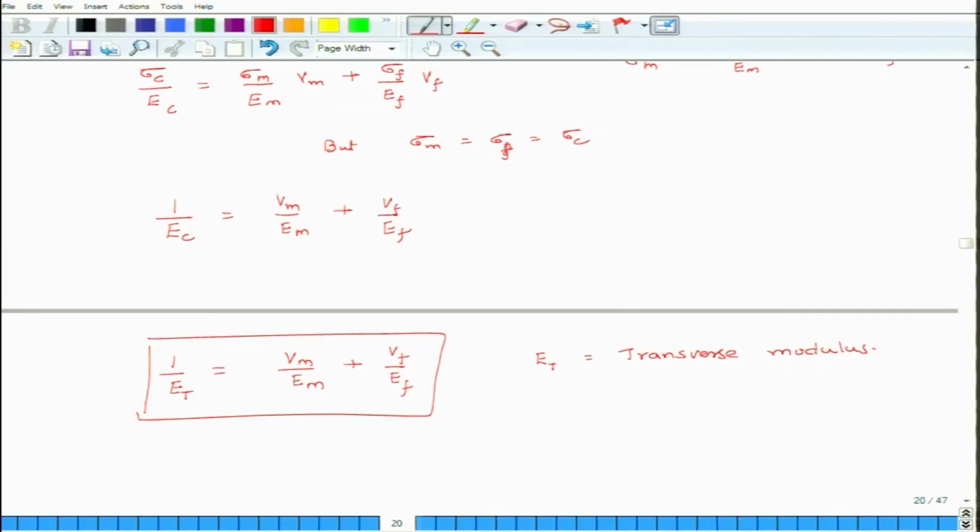So, this is our first, and as I said earlier, it is a very crude approximation. Why is it crude? We will see it tomorrow, but this is a good starting point in terms of how to predict the transverse modulus of a unidirectional composite.